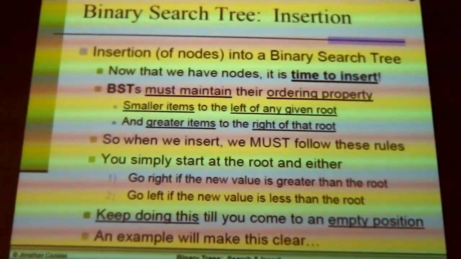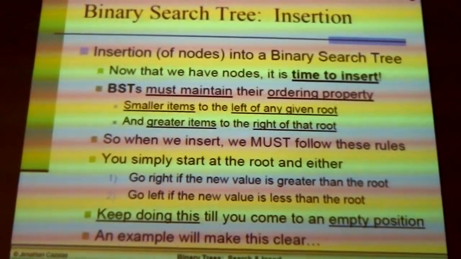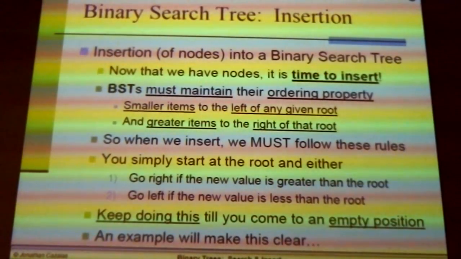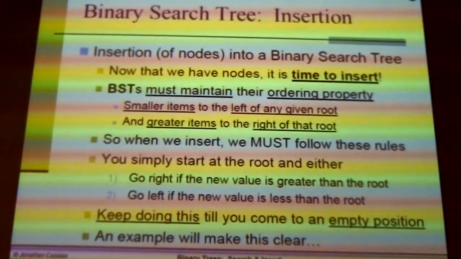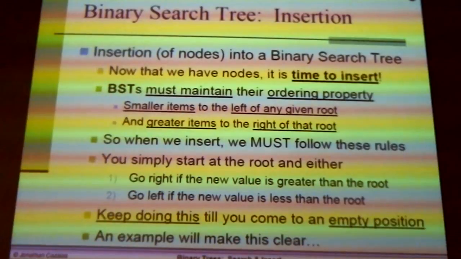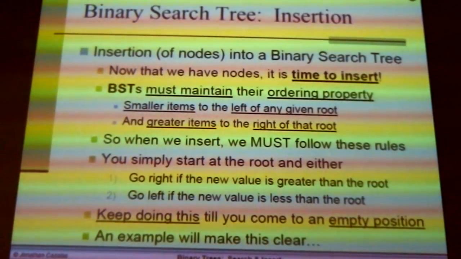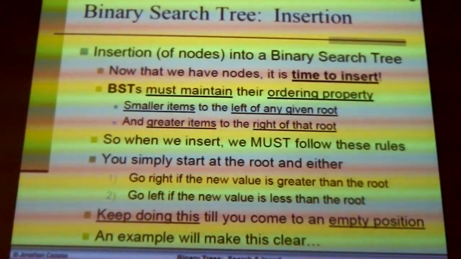All right, so we need to create a BST. The most important thing about a BST is that its ordering property is laid out in a very specific format. When we start to insert, we have to follow these specific rules. You start at the root, and you go either left or right, depending upon the value you're trying to insert relative to the data value of your root.